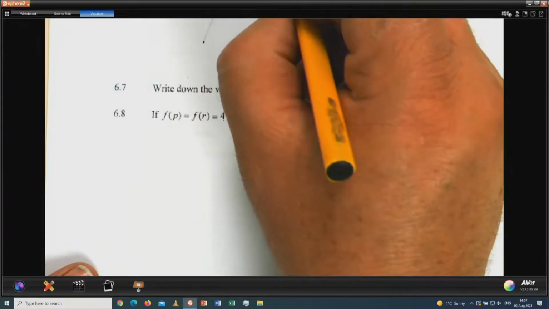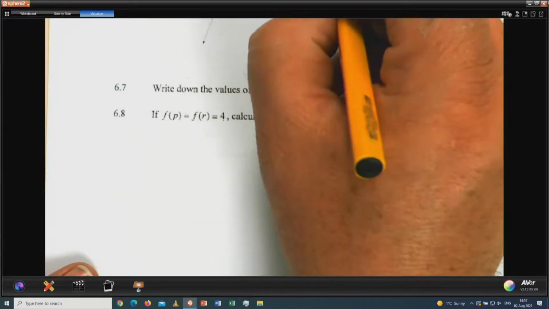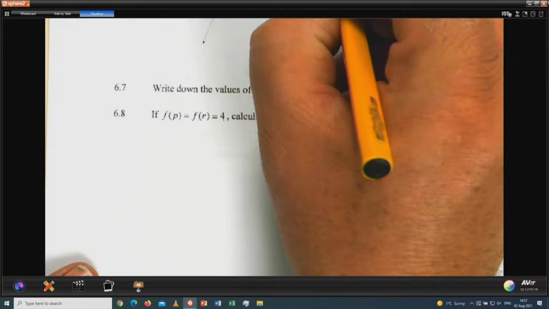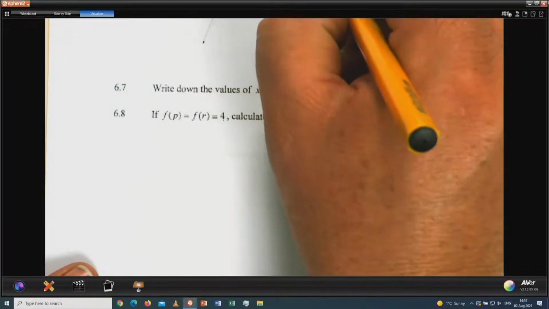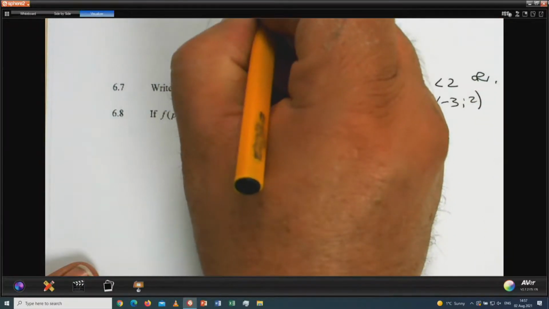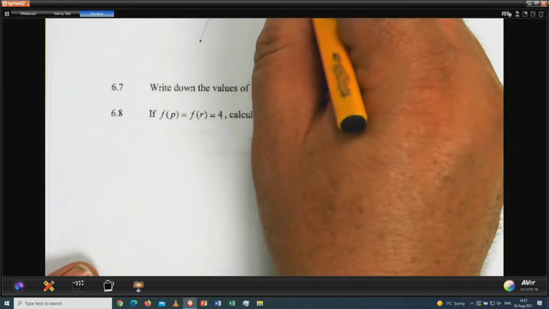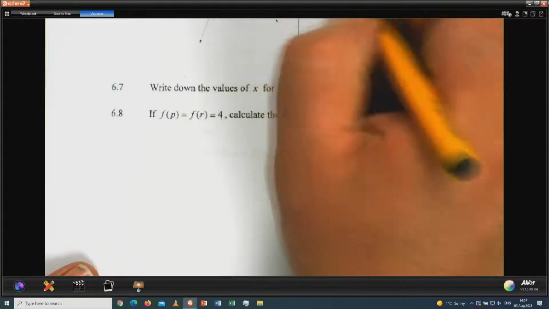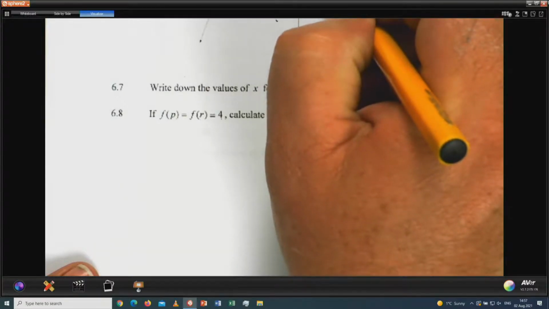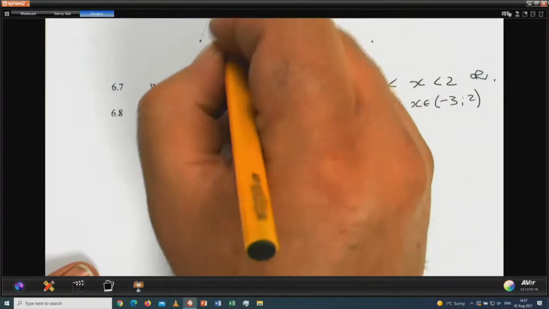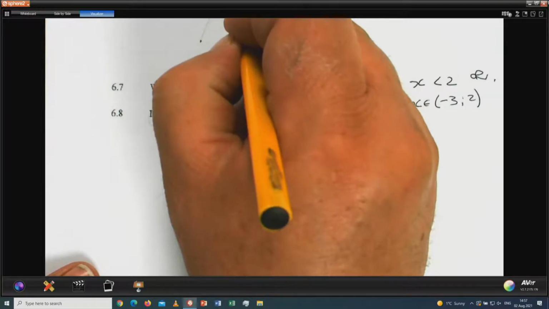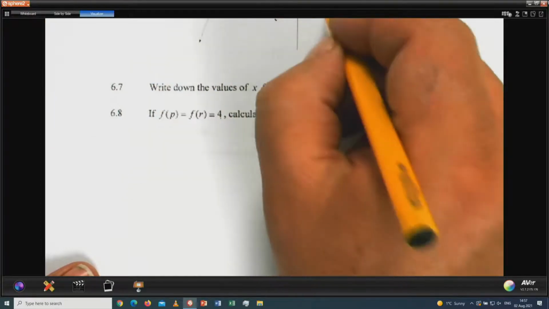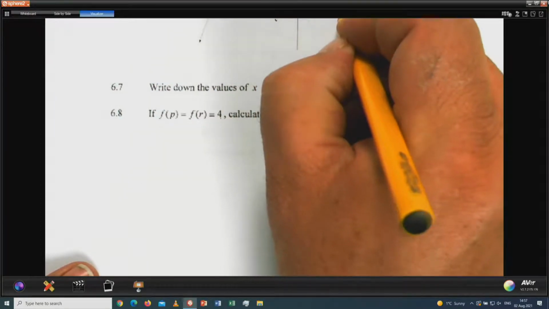So from negative a half to 1, we've moved 1.5 units. So this p-value here is 1. Remember, the distance here is 1.5. So negative half plus the distance of 1.5 will give you an x value of 1. So now we know this r value is equal to negative 2, and this p value here is equal to 1. How did we get that?